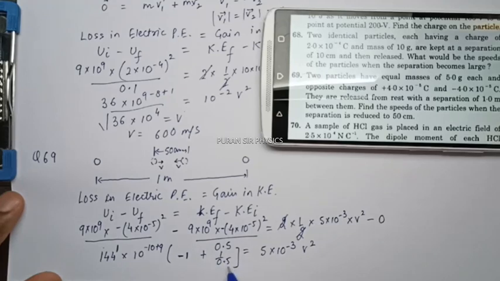So this will be 2. So 2 minus 1 is 1. So how much does it become? 144 becomes 14.4 into 10⁻¹, which is equal to 5 into 10 raised to minus 3 v square.